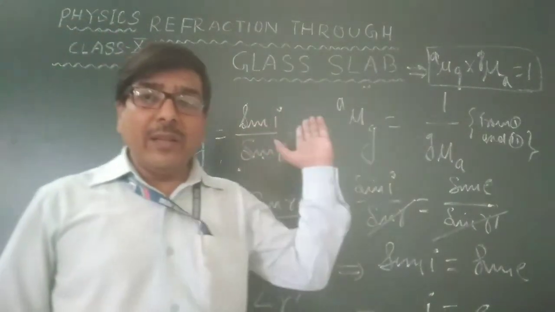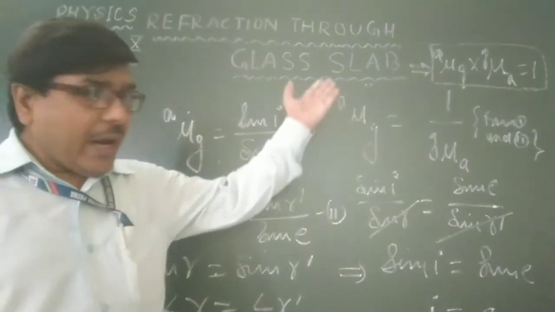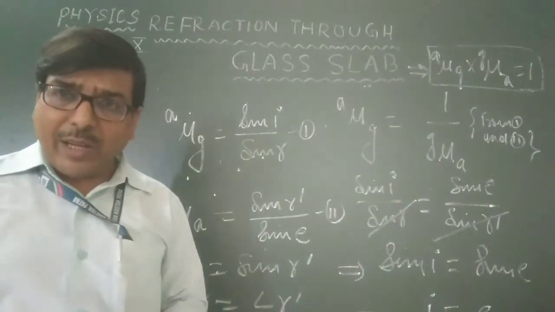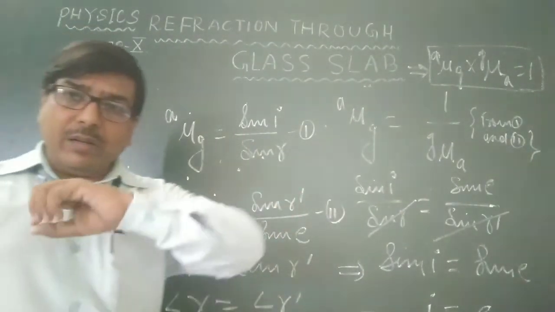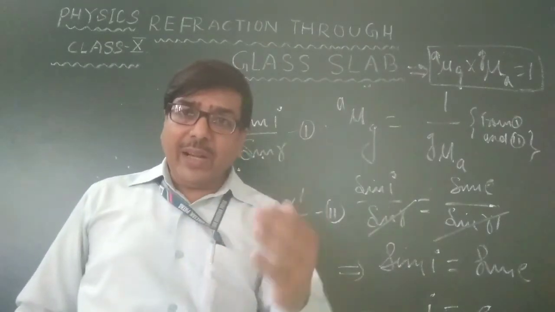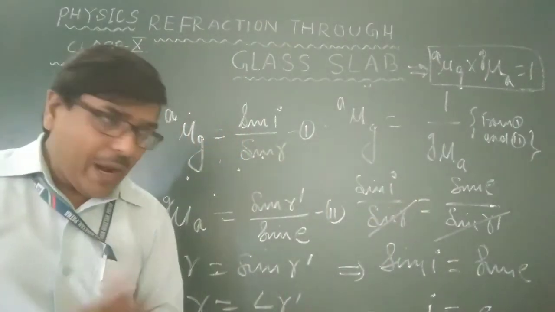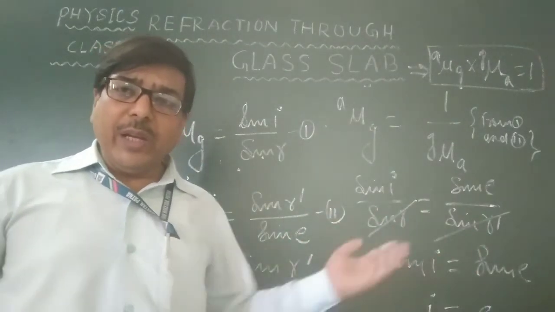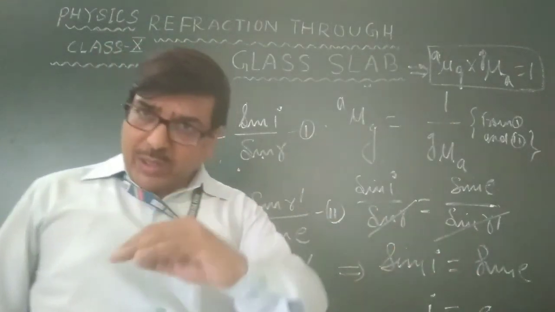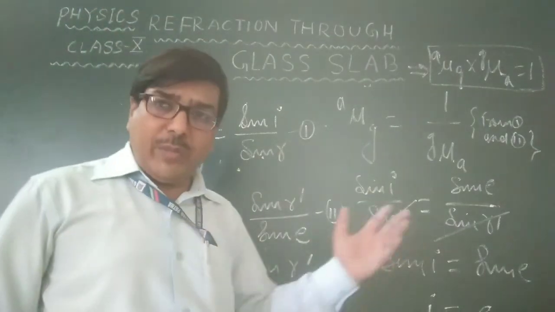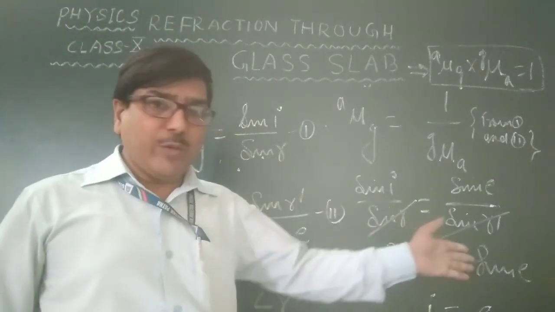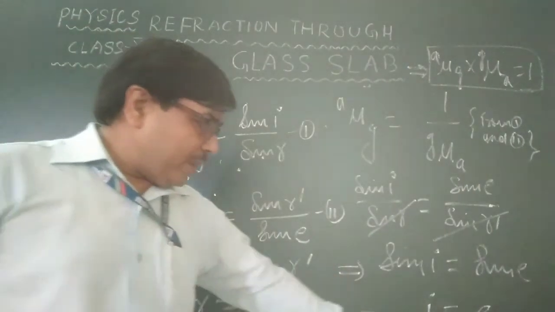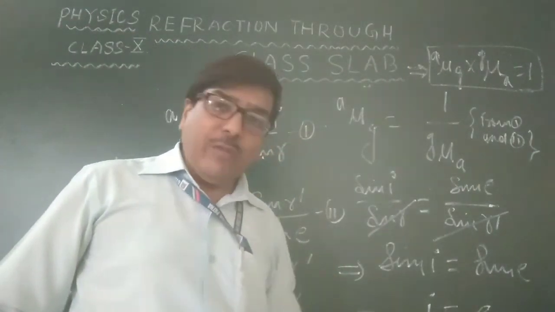First of all, light travels from air and enters the glass slab. Due to the thickness of the glass slab, it behaves as a denser medium, and light bends towards the normal. When it comes out, it again moves away from the normal, and the final medium is again air. That's why it moves with the same angle, which is known as the angle of emergence.